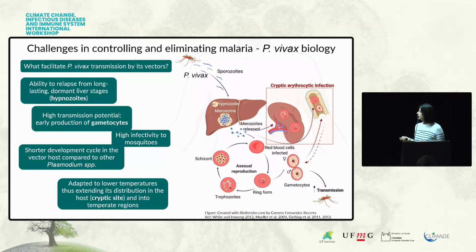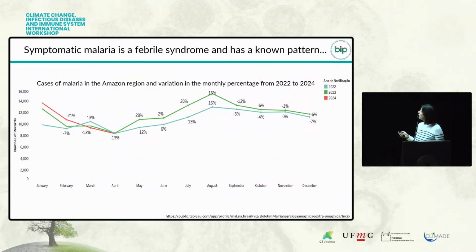And I think this is an important thing: their resilience made them adapt to lower temperature, thus extending their distribution in the host and also into temperate regions. So we know less than we know about falciparum, but here we know that symptomatic vivax malaria is a febrile syndrome and has this particular pattern here.